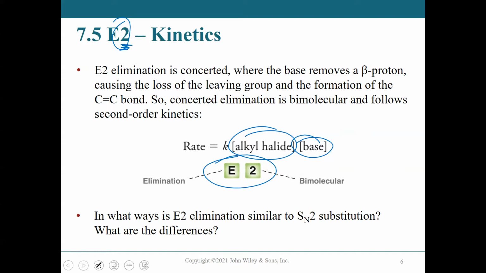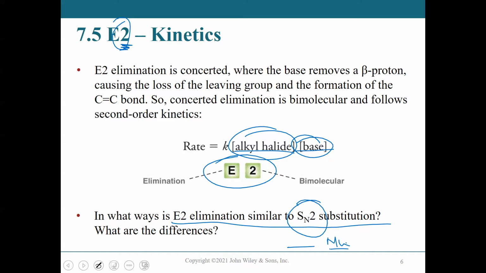Okay. In what ways is E2 elimination similar to SN2 substitution? Because it's also bimolecular, right? In E2, you depend on the substrate and the base. In an SN2 reaction, you depend on the substrate and on the nucleophile. So that's the similarity between SN2 and E2.